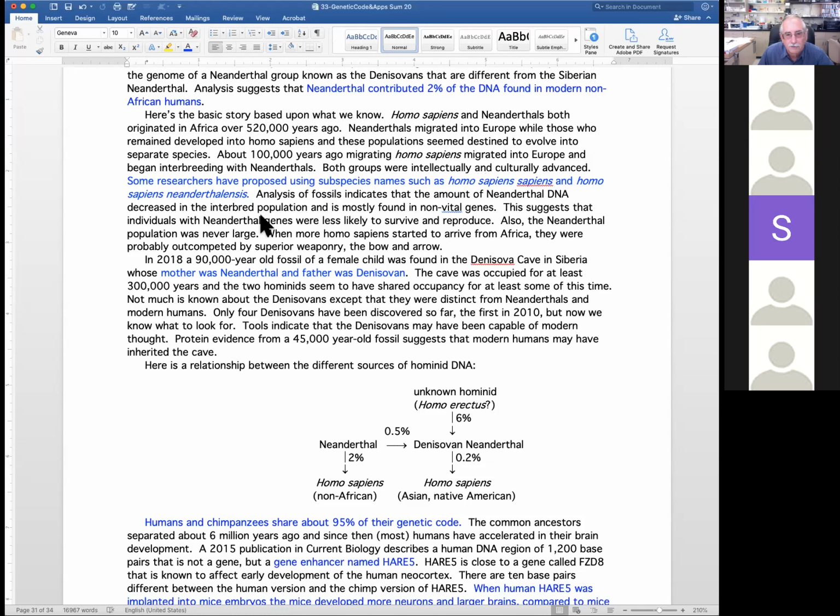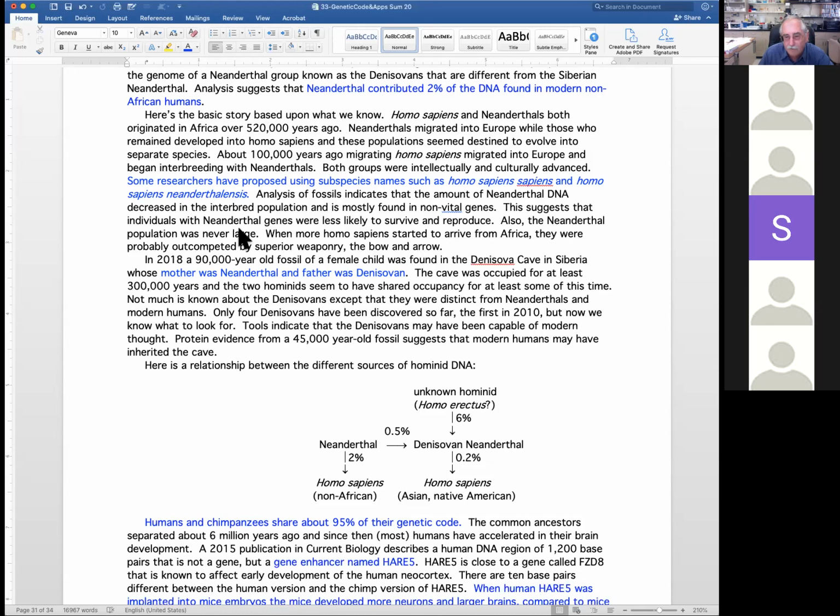So what happened to the Neanderthals? Some people say we killed them off. Well, maybe we did, but it depends, because it wasn't one wave that moved from Africa into Europe. It was a constant migration. The Neanderthals probably didn't live in large groups.